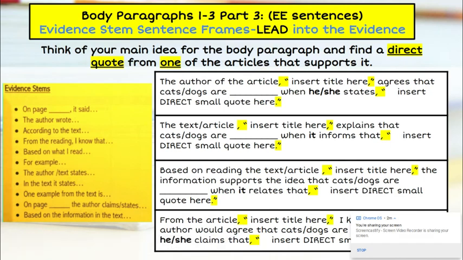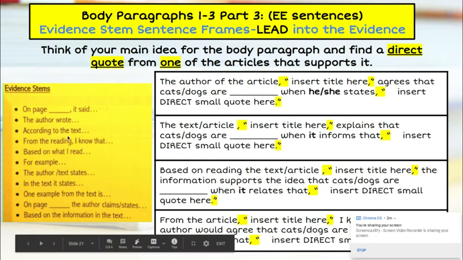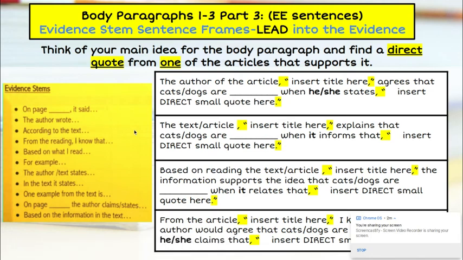For instance, instead of saying, according to the text, and then just leaving your quote, we're going to expand it. We're going to present the idea that there is a title and that the author agrees or explains or confirms an idea, which is your main idea.